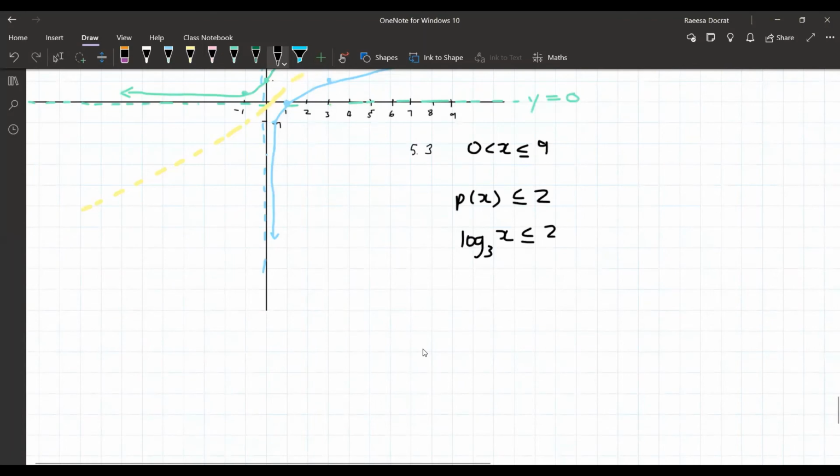So we're going to have x being less than or equal to 3 to the power of 2, so x is less than or equal to 9. We're also going to have to add that x is greater than 0, because that is the domain of our log graph. Okay, so this is algebraically.